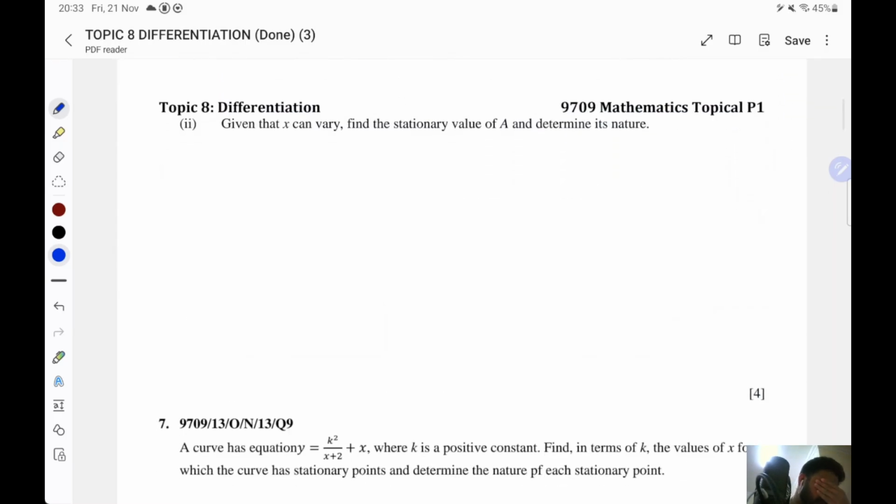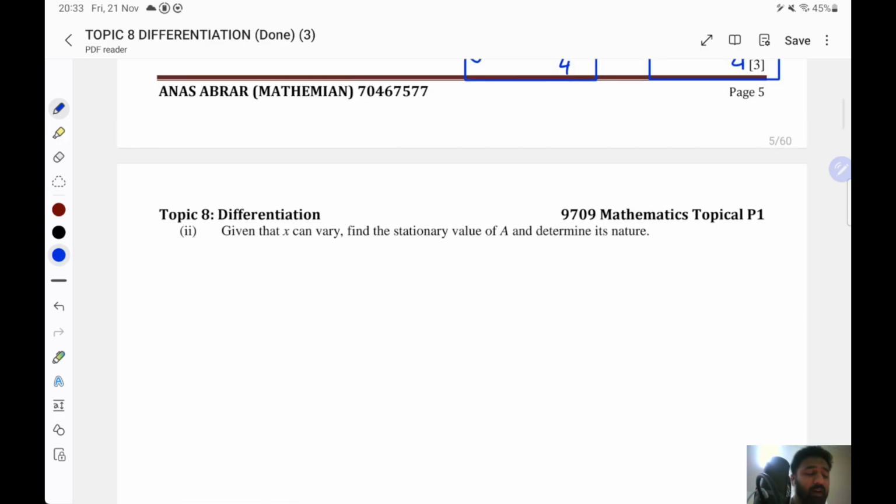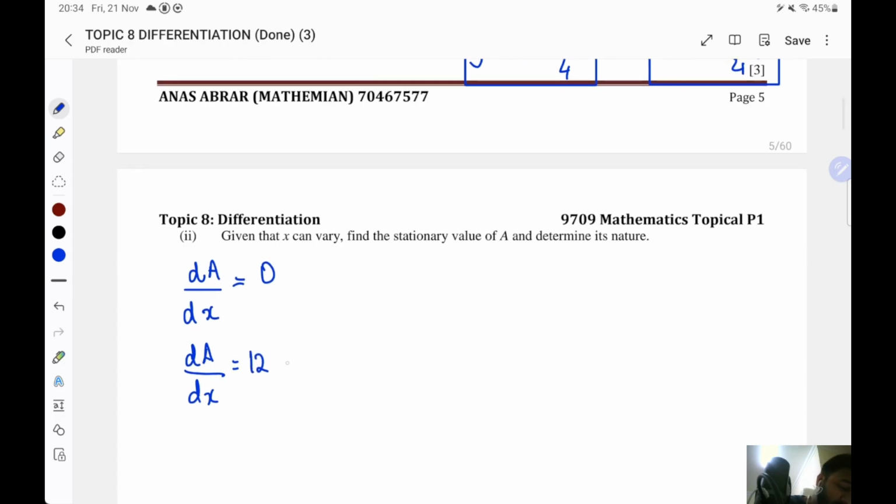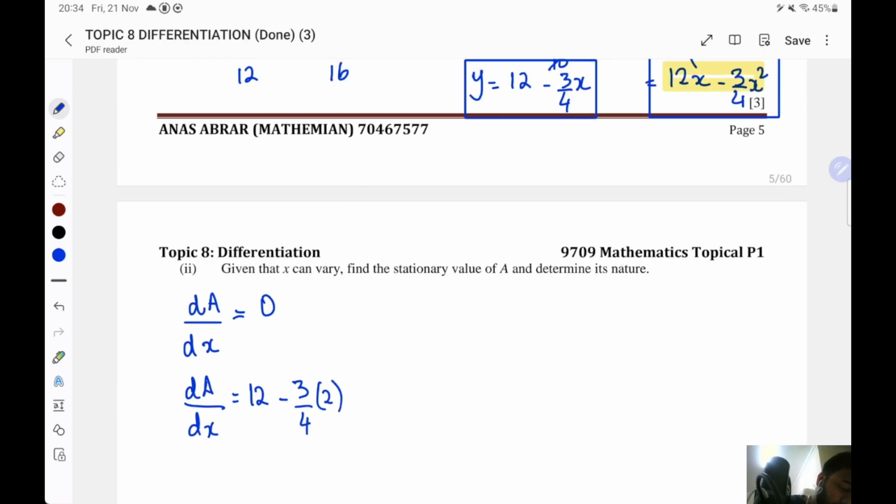Second part, given that x can vary, find the stationary value of A. Finding the stationary value of A means that we need to find dA divided by dx and set it equal to 0. So to find dA over dx, let me see the function. The function is right here at the end. I'll find the derivative, which is 12 minus 3 by 4 times 2x to the power 1.